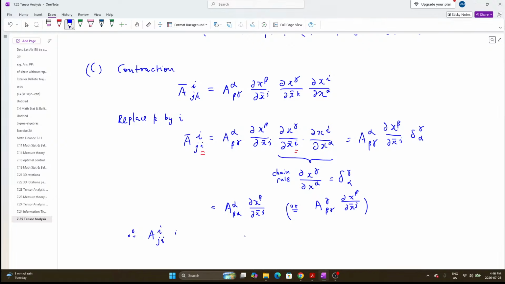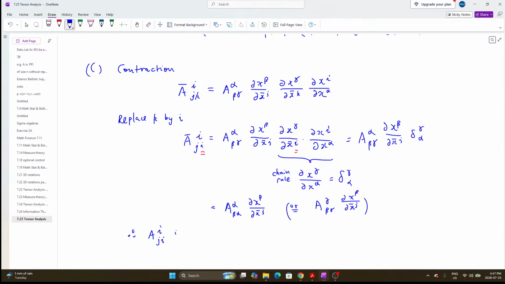This is the law of what? The transformation of a covariant. No, this is a covariant. This is a covariant, but why does it say it's contravariant? That's wrong, no? Hold on a second.